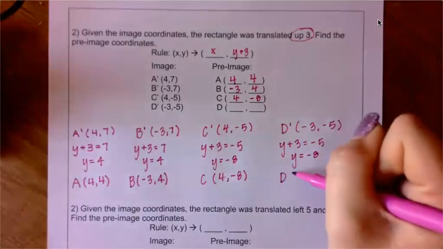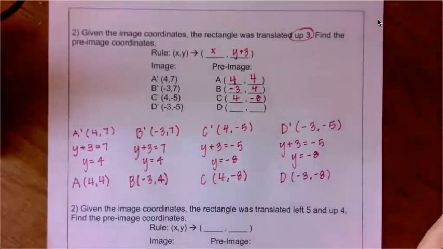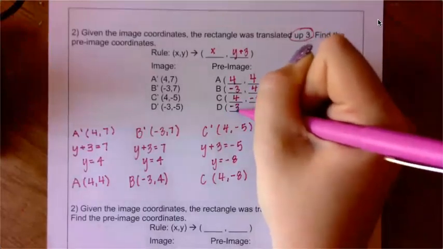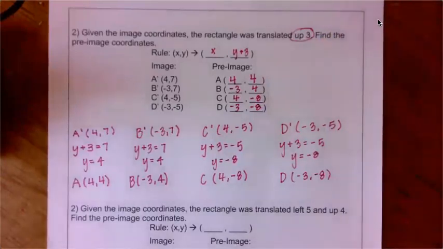So the point D was at -3, -8. Okay, so that is a vertical transformation. The last thing we're going to do is if we have a horizontal and a vertical transformation.